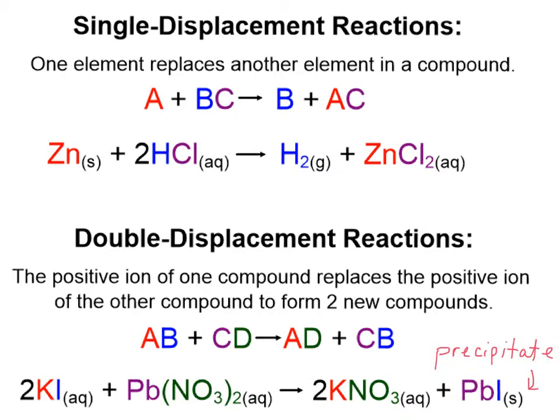A precipitate is an insoluble compound, and it comes out of solution. And if you think of this reaction as taking place, this will form a cloudy or murky substance, a solid, that ends up settling to the bottom of your little beaker in the reaction, and it's called a precipitate.